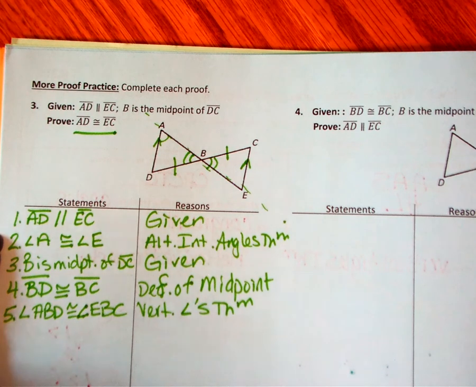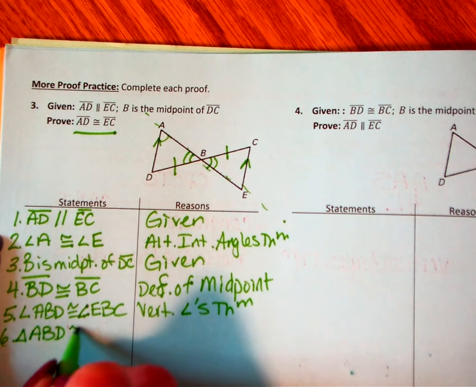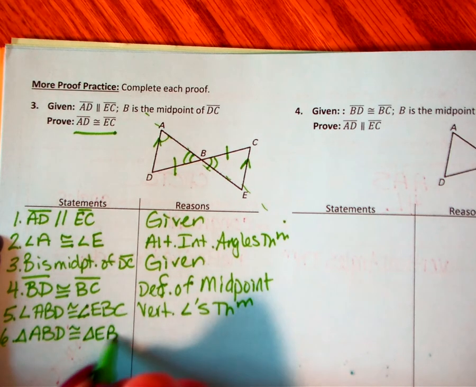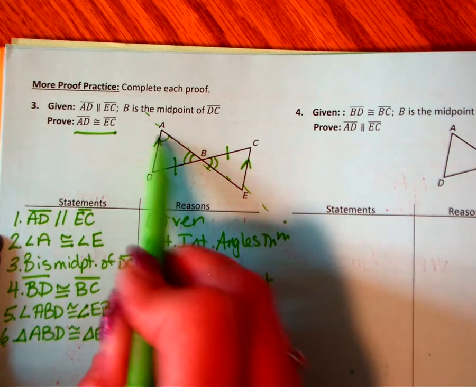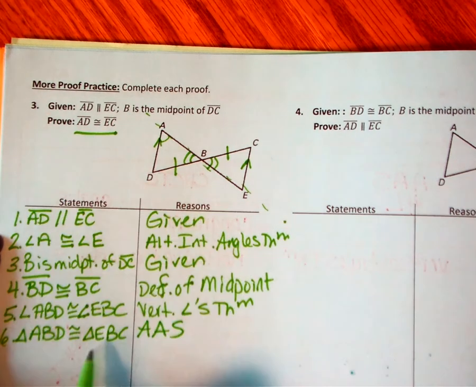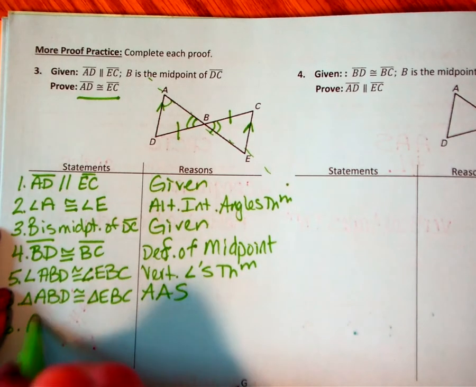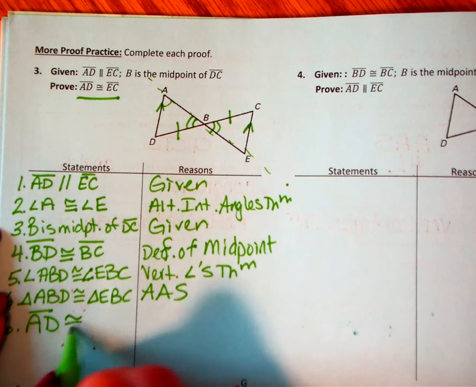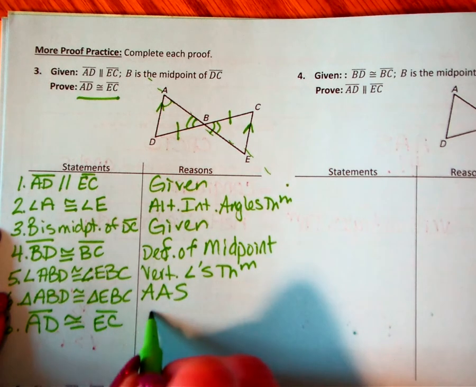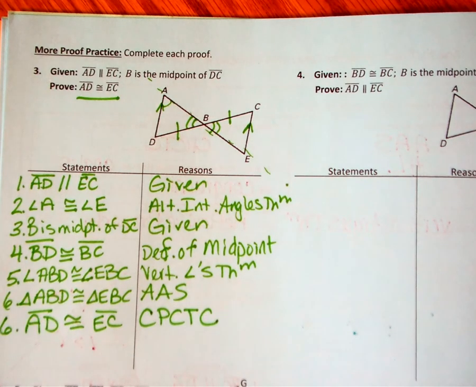So I can now say that the triangles are congruent by angle, angle, side. But that's not what I'm trying to prove here. Because my triangles are congruent, I can now say the corresponding sides AD and EC are congruent by CPCTC, corresponding parts of congruent triangles are congruent.